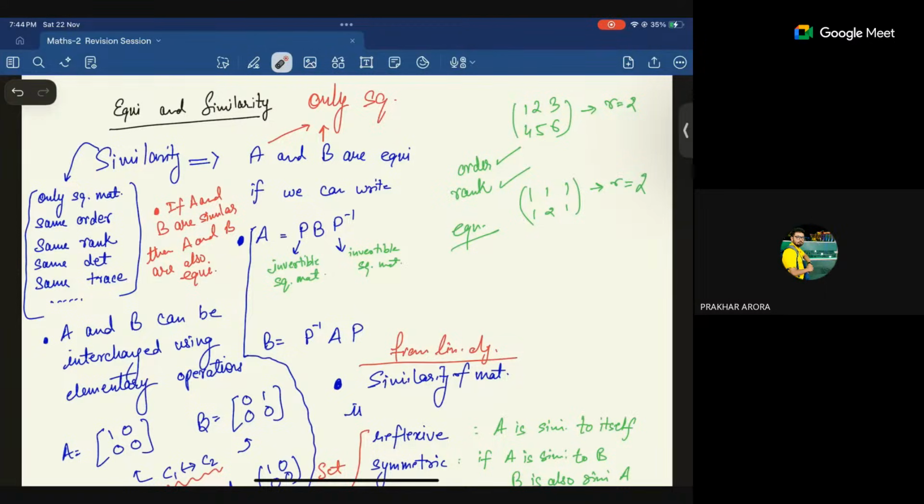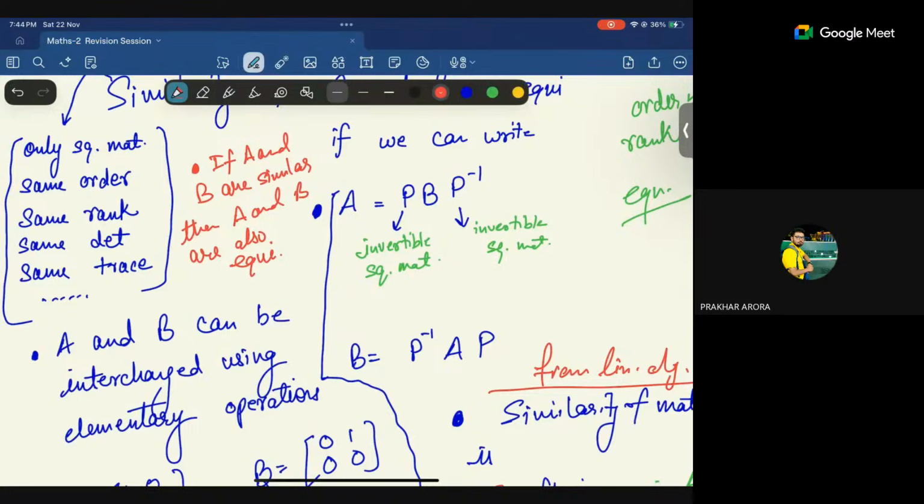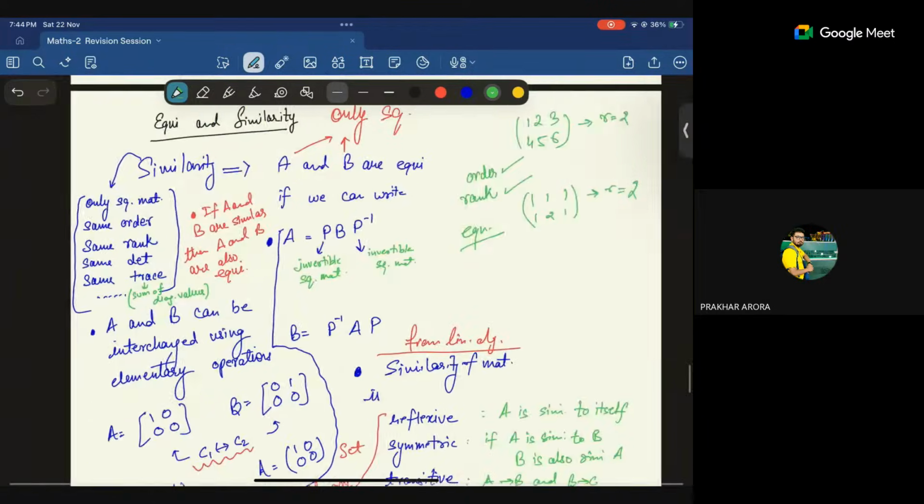Now, trace means the sum of diagonal values. Sum of diagonal values. Okay, very good.